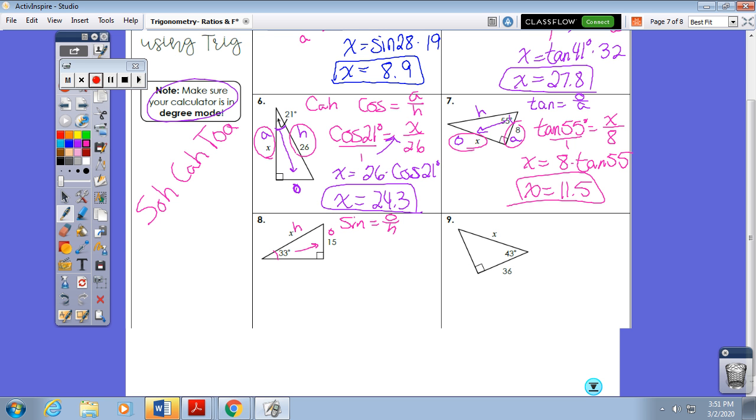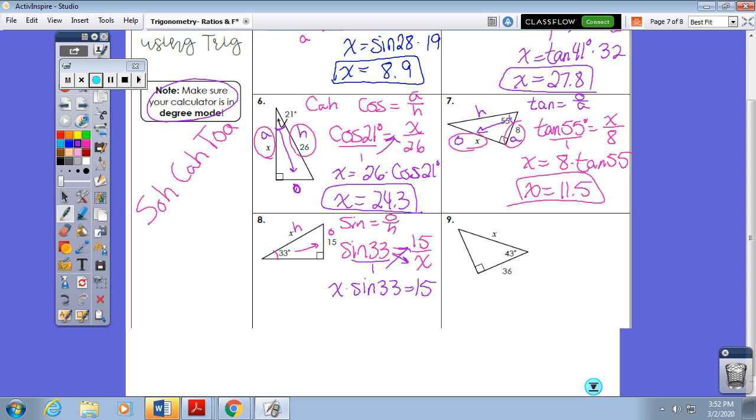Then it's going to end up being sine of 33 is equal to 15 over x. And this is over 1. So when I cross multiply here, it's going to turn out a little different. I'm going to end up with x times sine of 33 is equal to 15.